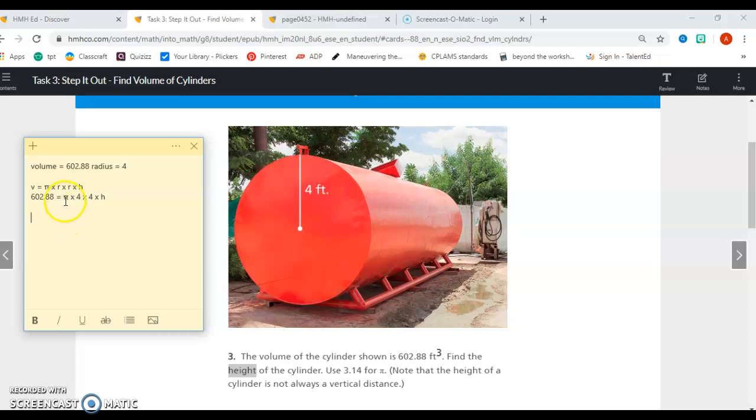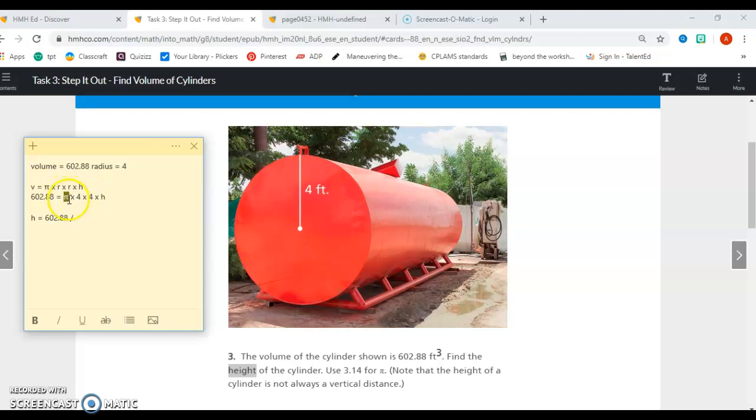So currently I'm multiplying. And if I do the opposite of multiplication, I'm going to divide. So now that's going to look like h all by itself equals the volume, 602.88, divided by pi.